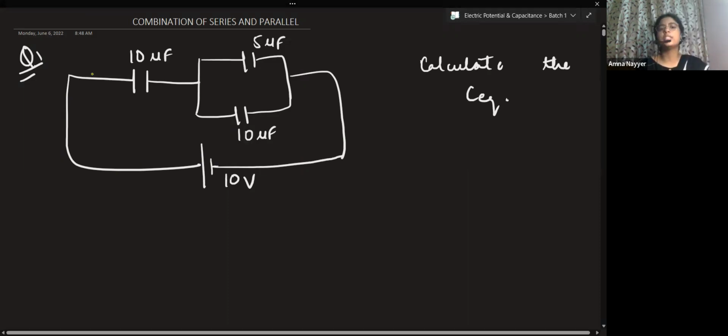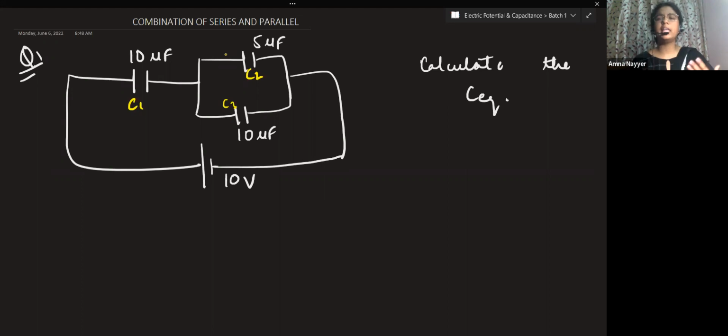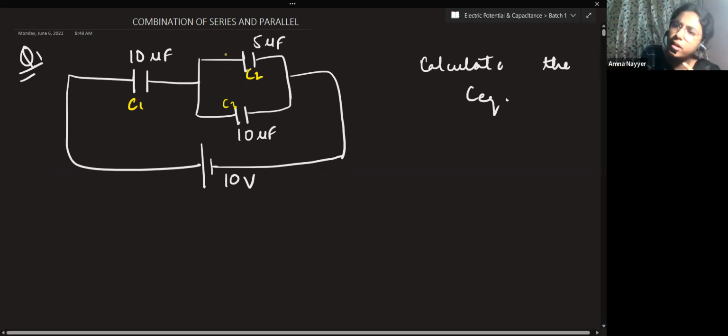So see, in this question, 5 microfarad and 10 microfarad, this is C1, C2, C3. C1 and C2 are not connected in any specific arrangement like series or parallel, though they are connected with the help of wire. If I talk about C1 and C3, they are also connected neither in series nor in parallel.